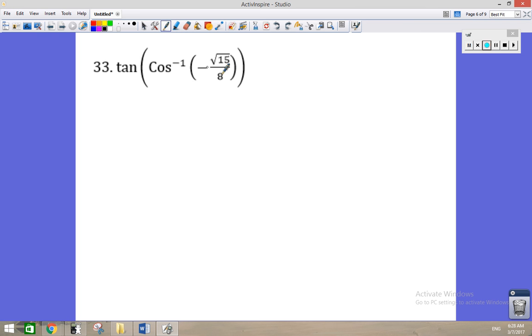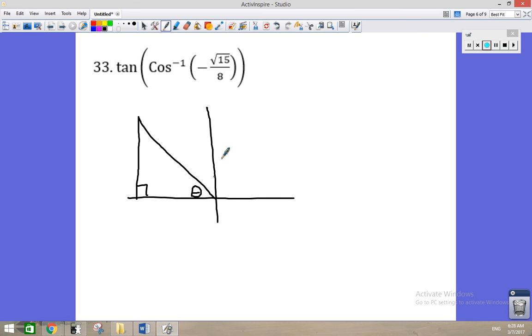For 33 it's negative, so I'll put it in quadrant 2. I got that backwards, don't I? Sorry about that.